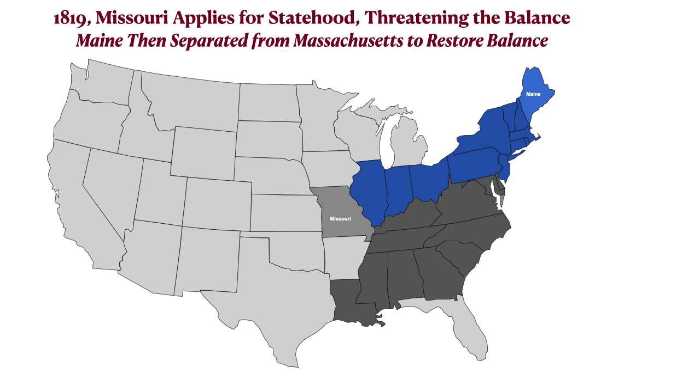So the representatives from the free states did not want Missouri to be admitted. That would have undone the balance.